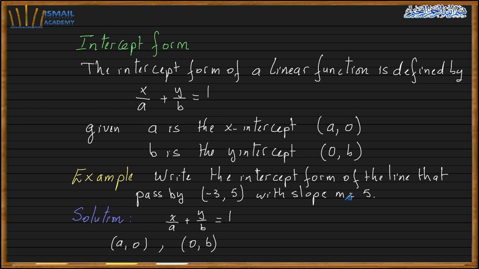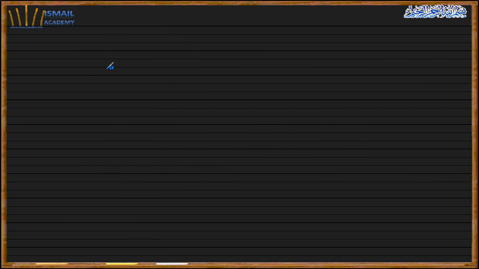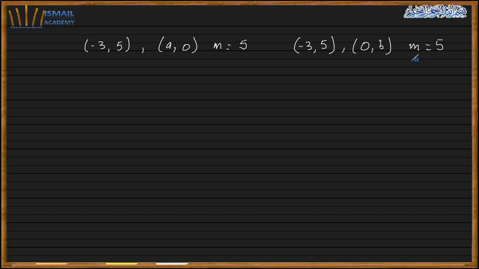So I have minus 3, 5, the point 0, b, and the slope is 5.